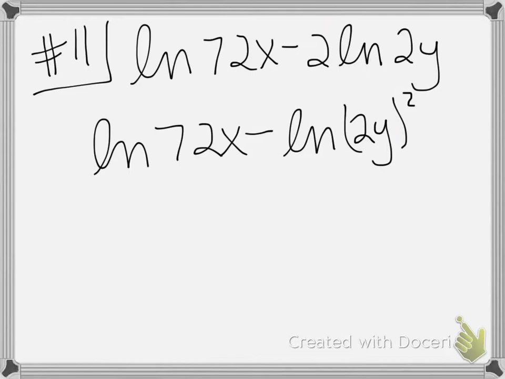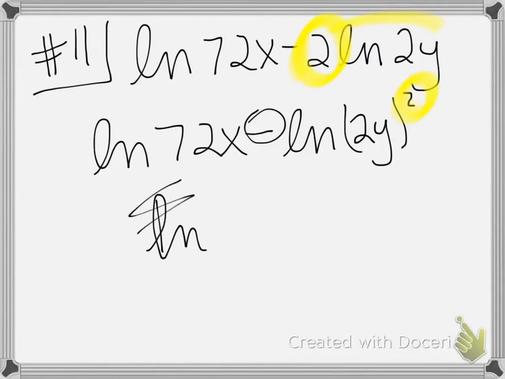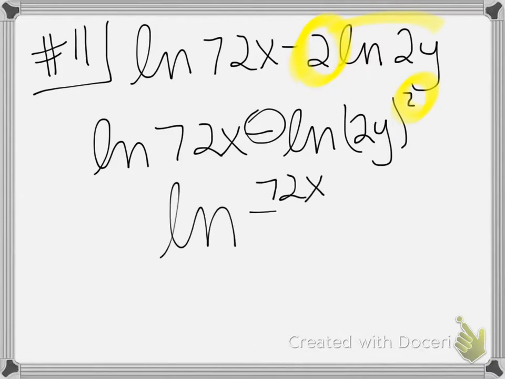For number 11, we are again condensing this. The first thing I did was I took this 2 right here and I moved it to the power. So now my 2y's to the second power. Once you do that, it's not so bad because subtraction becomes division. So ln, so I take the 72x divided by the 2y to the second power.